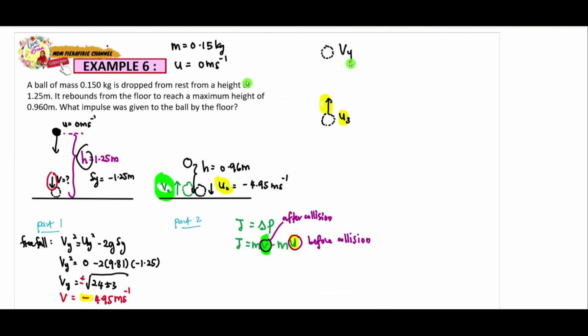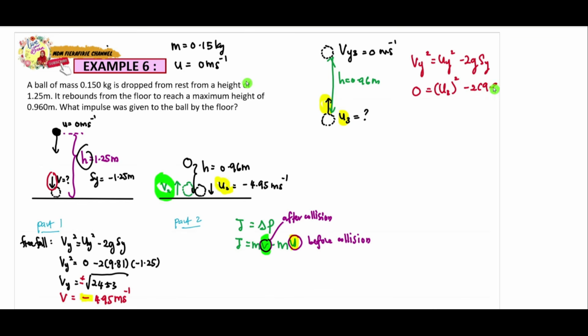So at maximum height, Vy is equal to 0. So ini still under free fall. Ini kita tak tahu. So now, since the height is equal to 0.96 meter, we can find U3 by using equation Vy squared. So Vy equal to 0, Uy kita nak cari, inilah yang kita nak cari nanti, tak tahu.